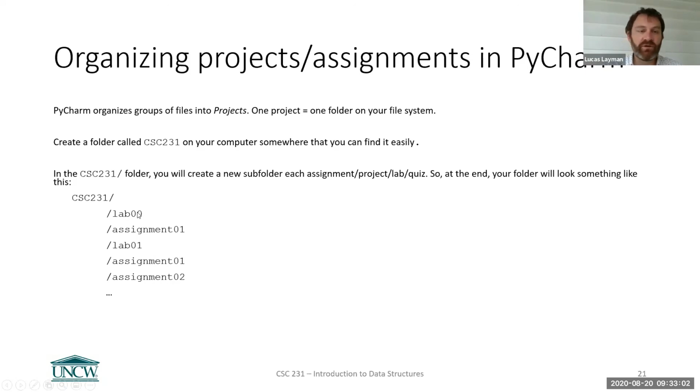Each one of these subfolders is going to be opened separately. It's going to be a separate project within PyCharm. We don't want to mix the code from these. You don't want to put all the code just under one big CSC 231 folder. Headache. Every project, every lab, every assignment, every quiz goes under a separate subfolder. It's a very simple thing, but mess it up and you're going to run into some funky stuff. Keep this in mind, please.